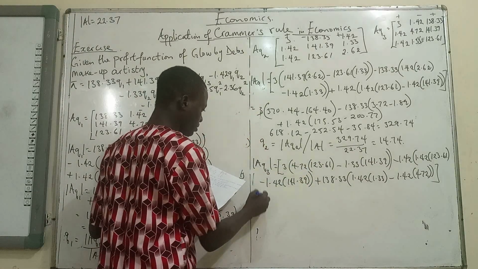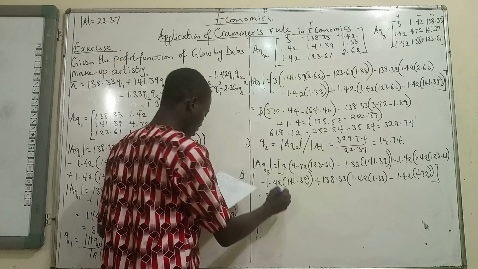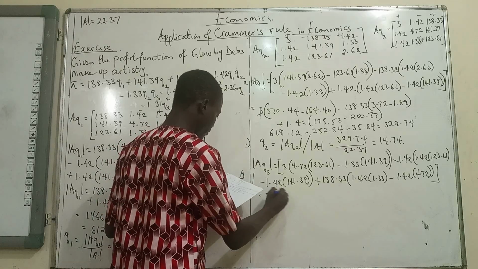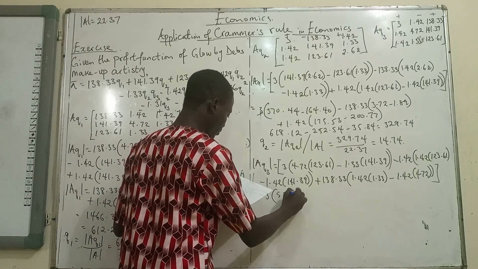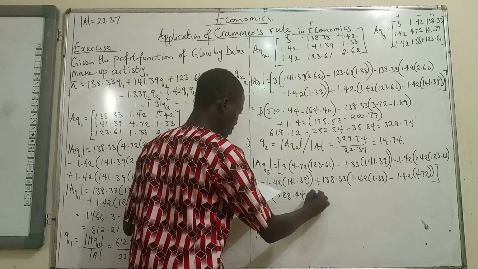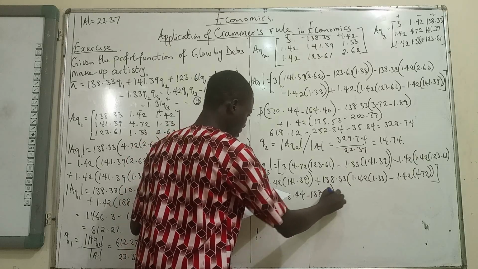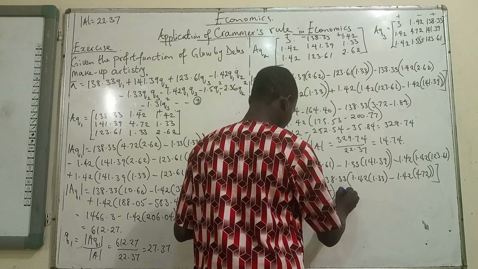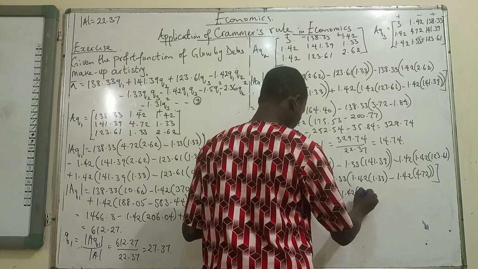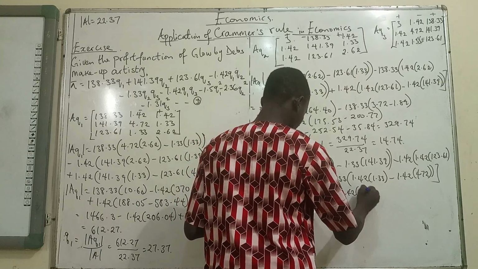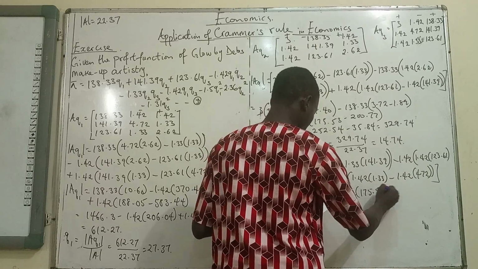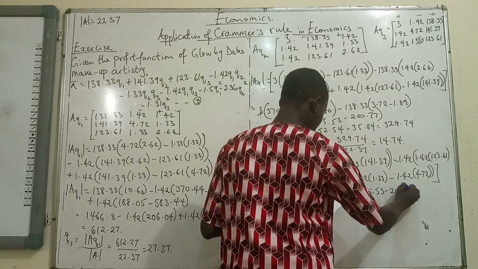Alright, so this then gives us 3 into bracket 583.44 minus 188.05, then minus 1.42 into bracket 175.53 minus 200.77.